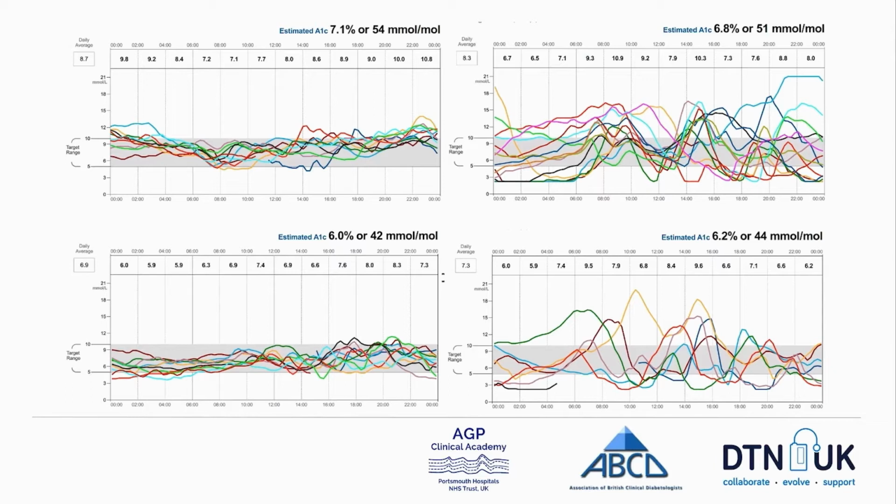Those on the left-hand side of this graph show clearly much less glucose variability from one day to the next than do those on the right. And although their average of control is the same, it's clear that for any of us choosing what we would like our control to be, we would choose those with the least variability.